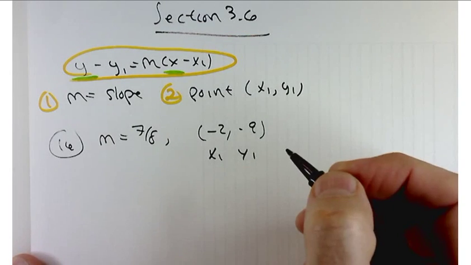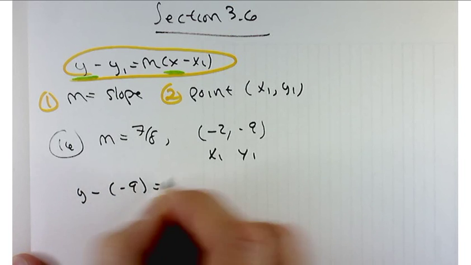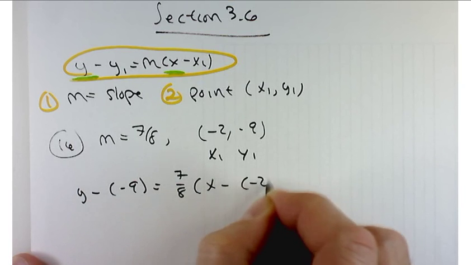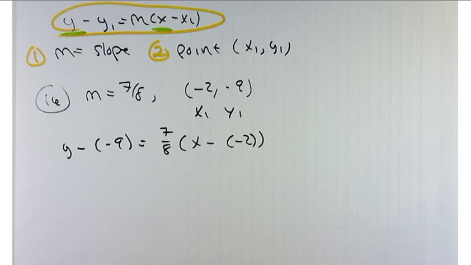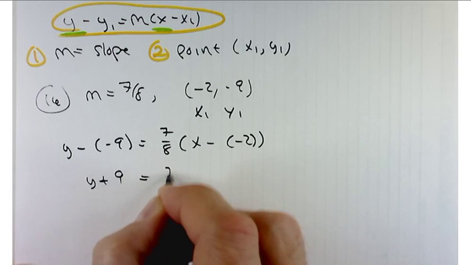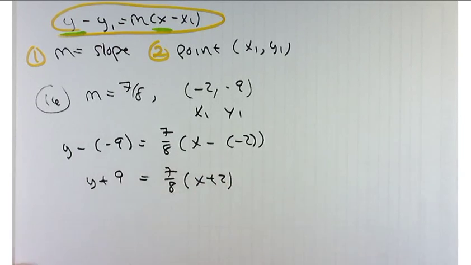What does the equation look like? Well, it's going to be y minus -9 equals 7/8 times x minus -2. My suggestion as you work this problem would be to take care of the double negatives first. So y plus 9 equals 7/8 times x plus 2.